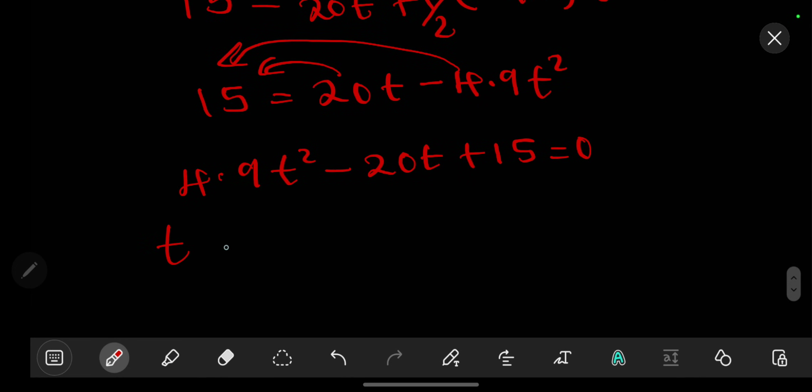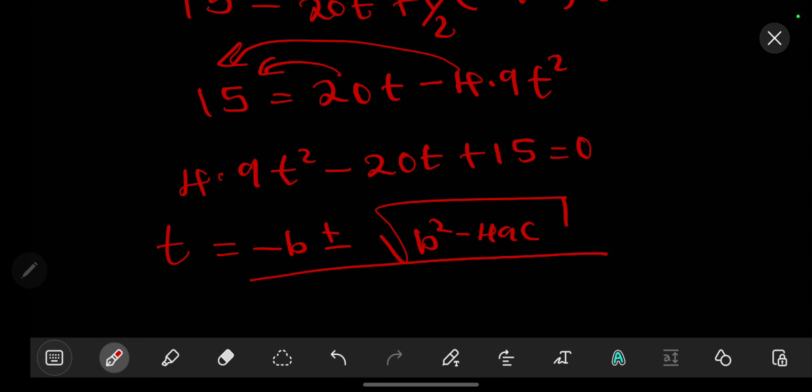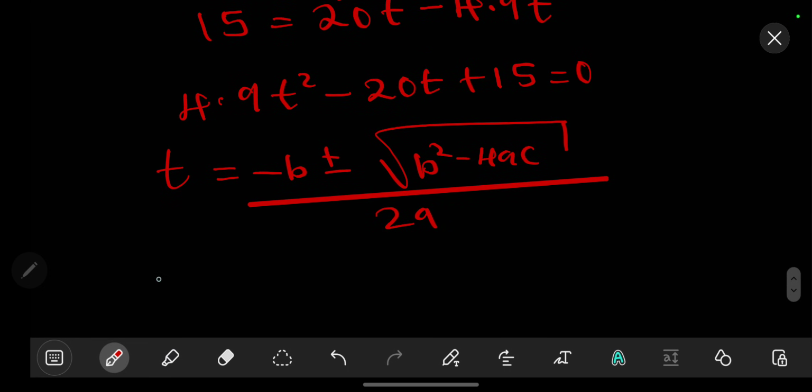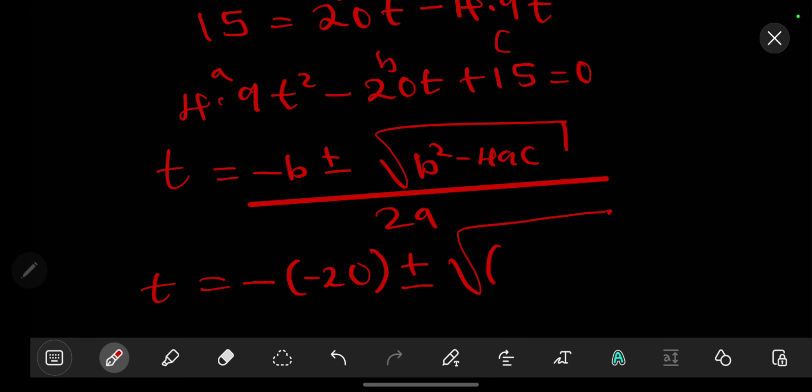It's a quadratic, so t should be equal to negative b plus or minus the square root of b squared minus 4ac, over 2a. This is our a, b, and this is our c. Our b is equal to negative 20, so we have negative 20 squared, minus 4, our a is 4.9, and our c is 15.